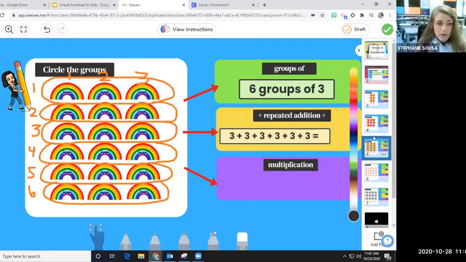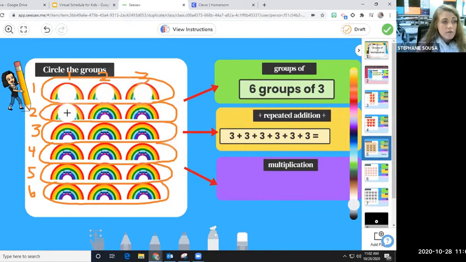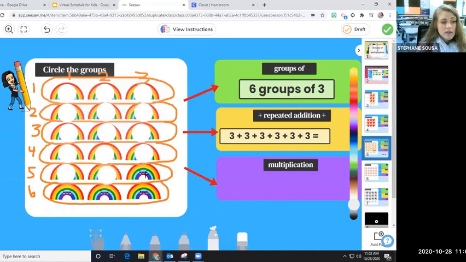I don't know what 3 plus 3 plus 3 plus 3 plus 3 plus 3 equals, but I do know how to count. So I'm going to do that. I'm going to count. 1, 2, 3, 4, 5, 6, 7, 8, 9, 10, 11, 12, 13, 14, 15, 16, 17, 18.